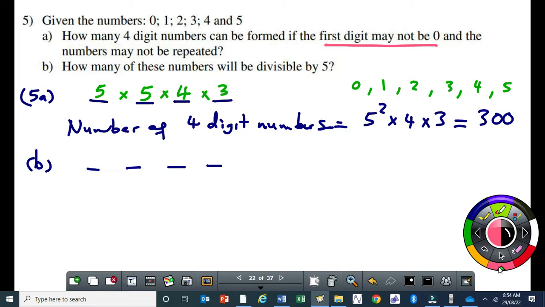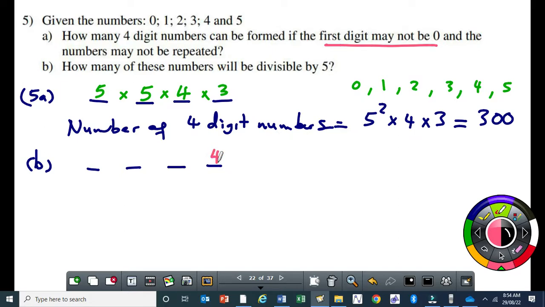Listen. I'm sure you can agree with me that if our 4-digit number is not going to be divided by 5, it can't have a 0 here, it can't have a 5. So how many are left? 4.